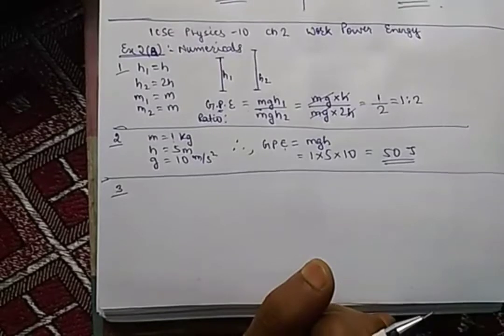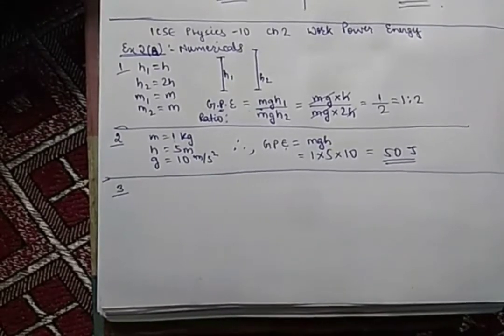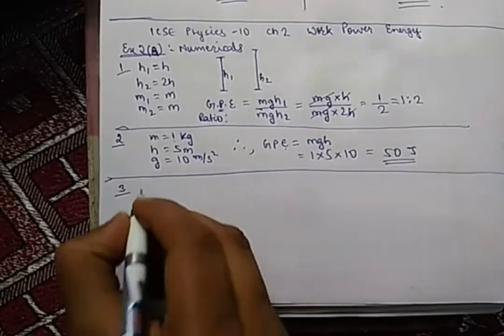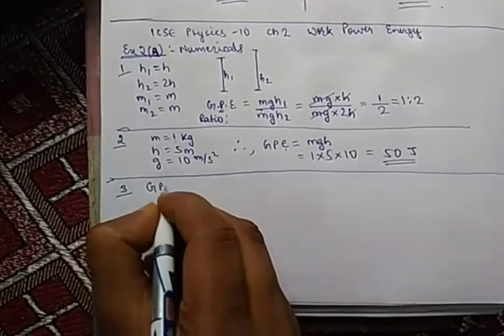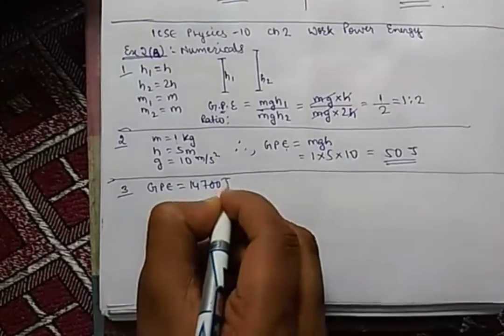Number 3, the question is, a box of weight 150 kgf has gravitational potential energy stored in it equal to 14700 joule. Find the height of the box above the ground. Here the gravitational potential energy is given: gravitational potential energy is equal to 14700 joule.